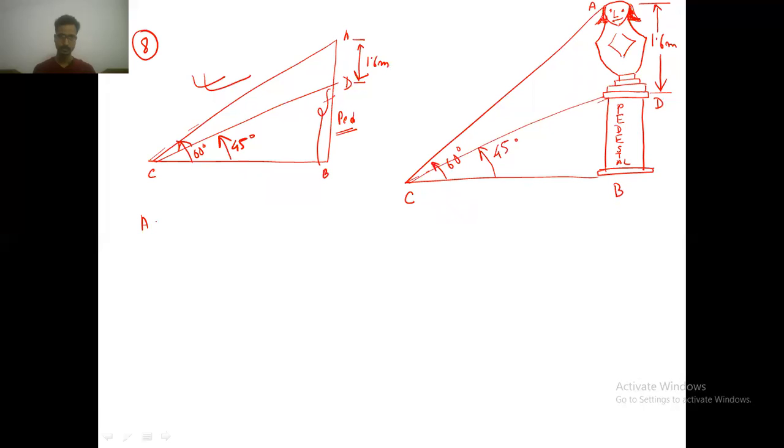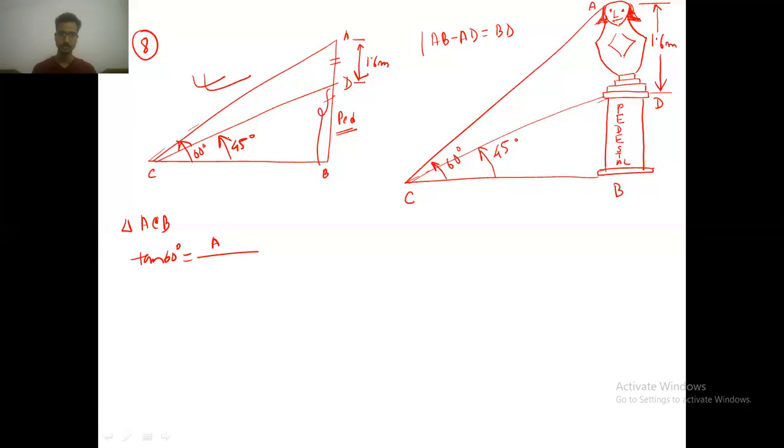Now see, from the triangle ACB, tan 60 degrees is AB by BC. Now see, how can you find BD? If you subtract AD from AB, you will find BD. Yes or no?